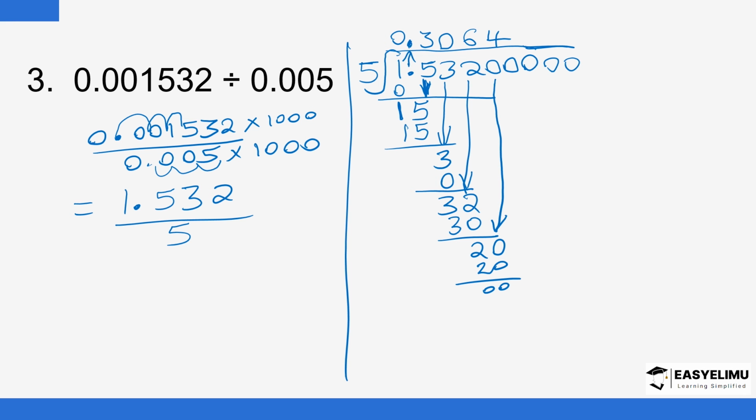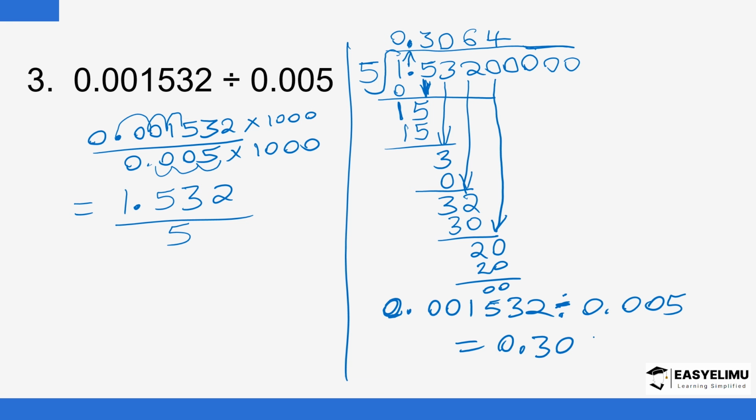So what that means is that 0.0015 32 divided by 0.005 should be equal to what we got up there, 0.3064.